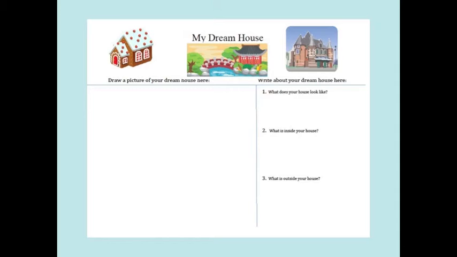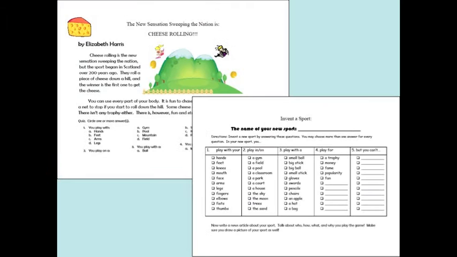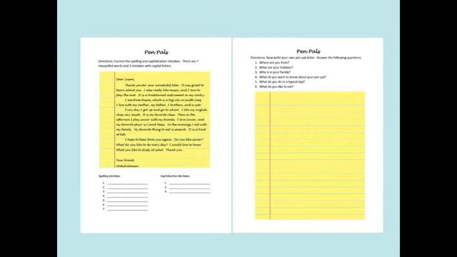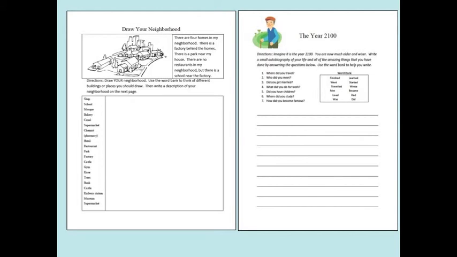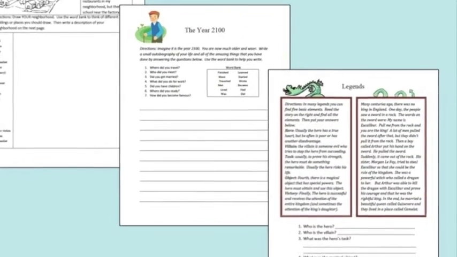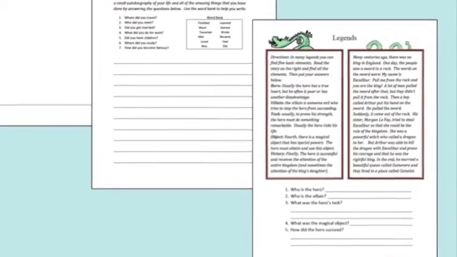They will be invited to do fun activities, like inventing their own sport, writing an email to a pen pal, perhaps describing things they are familiar with, like a neighborhood, or things they are unfamiliar with, like the future, or even something that sparks the imagination, like writing a legend about dragons and a princess.